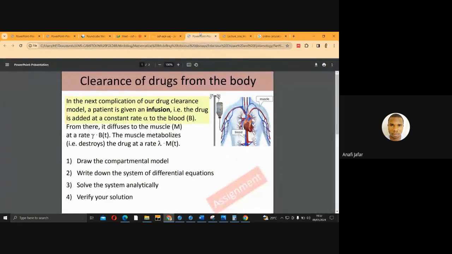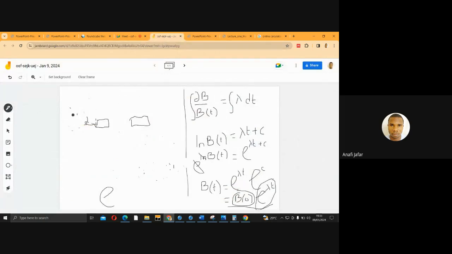Then this is the B, into B. From there it goes into muscle at the rate of gamma B.